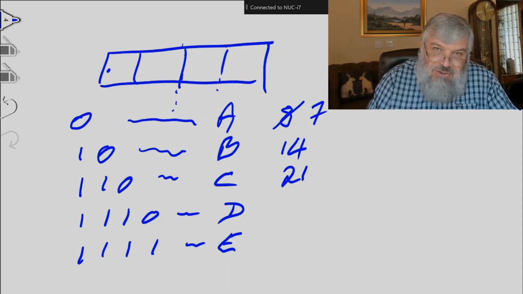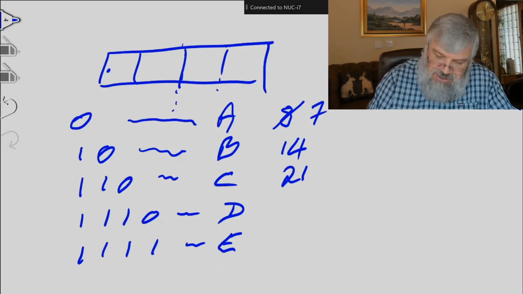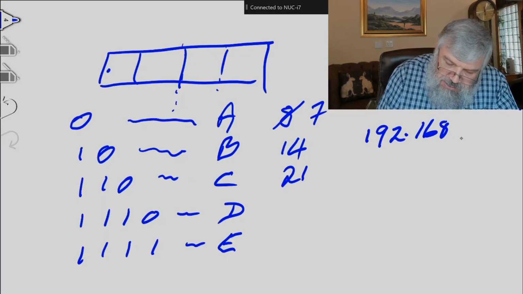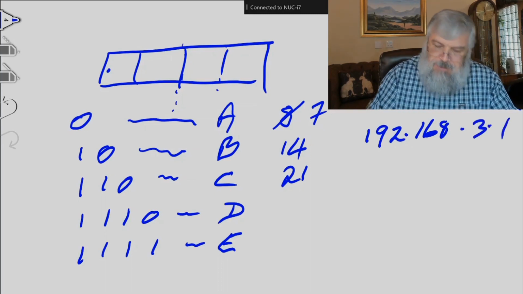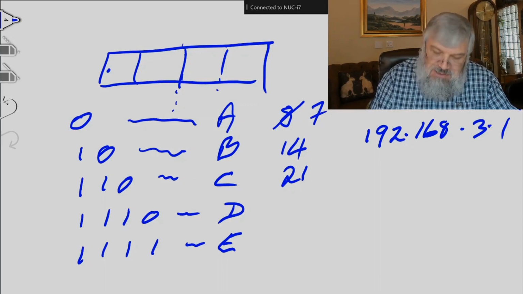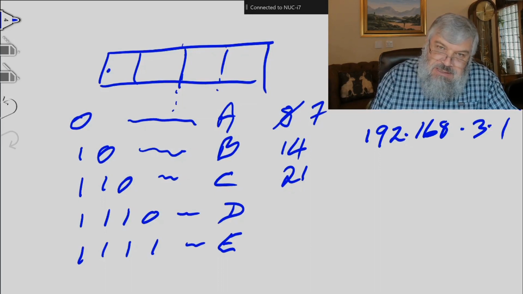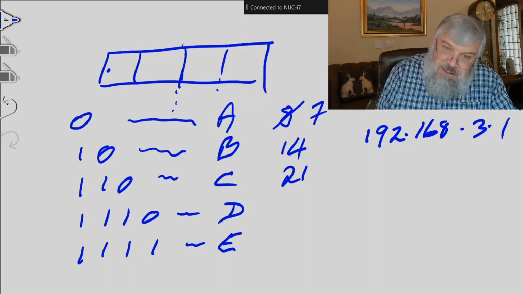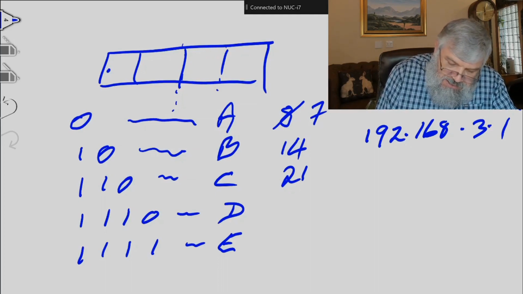It's known as dotted decimal notation, and the typical example of such an address would be something like 192.168.3.1. You can see the values of the 4 bytes. You can see that they are separated by dots. And one of the interesting things is if you convert the first byte to binary, you will see that it would start with 110.